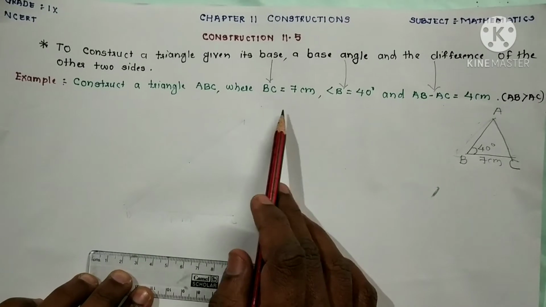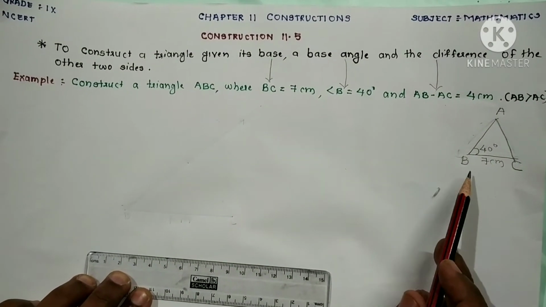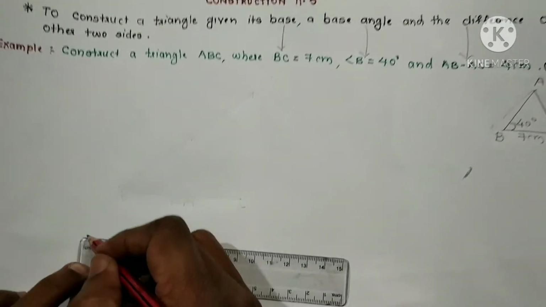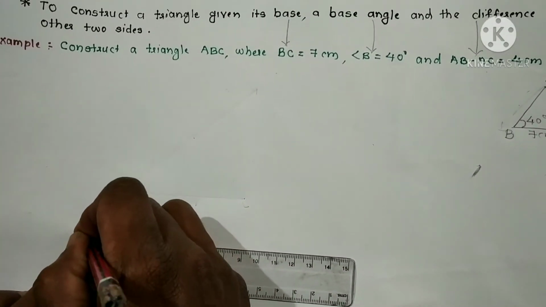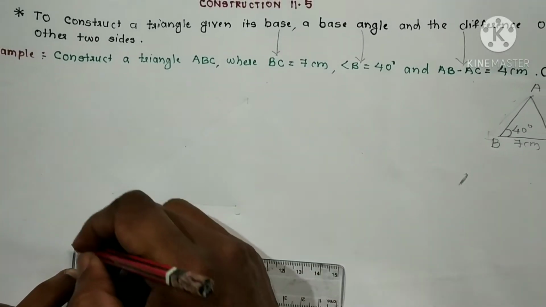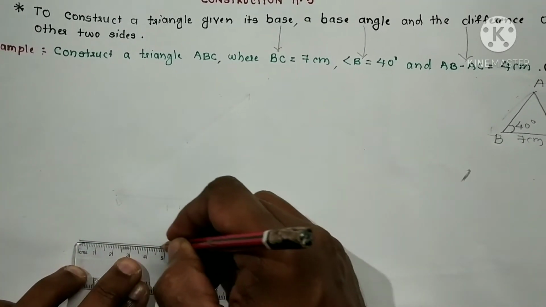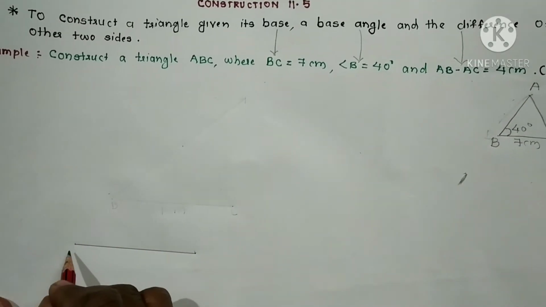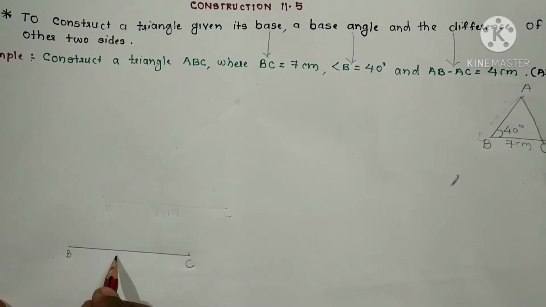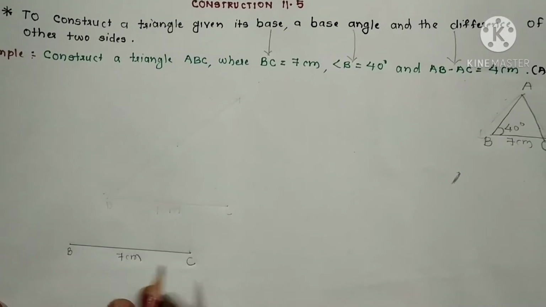For this construction, the first step is you have to draw base BC is equal to 7 cm. So this is 0 and this is 7. Join these 2 points. So this point is B and this is C and this distance is 7 cm.